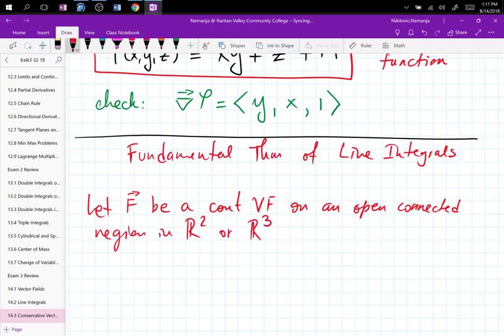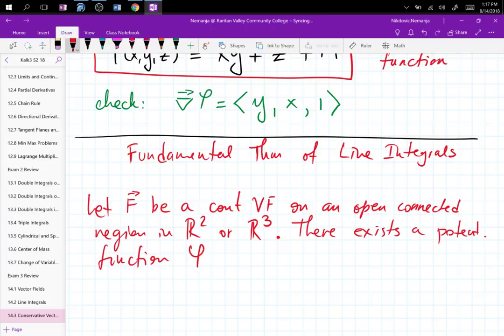We can find a potential function for both of them, right? There exists a potential function phi with the good old specs that the vector field is equal to del phi, right?